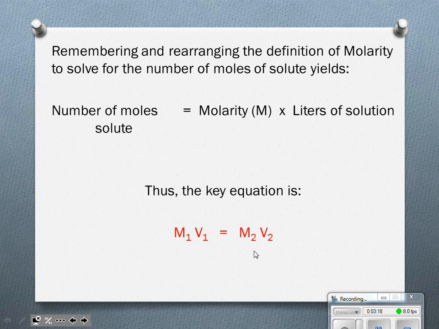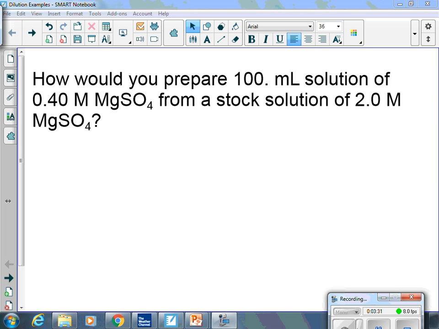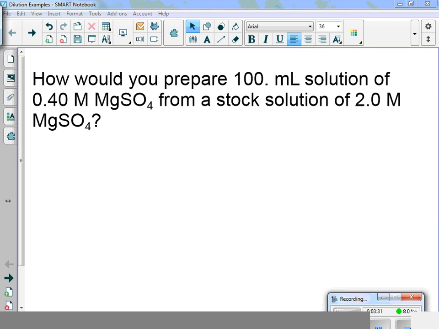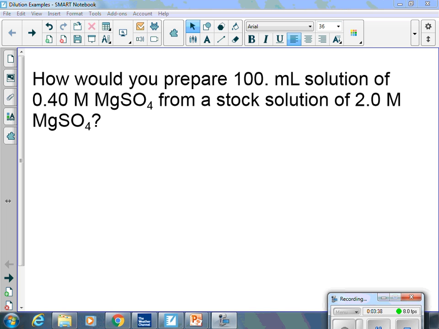So when I make my dilution, M1V1 is equal to M2V2. The question says, how would you prepare a 100 milliliter solution of 0.4 molar magnesium sulfate from a stock solution of 2.0 molar magnesium sulfate?